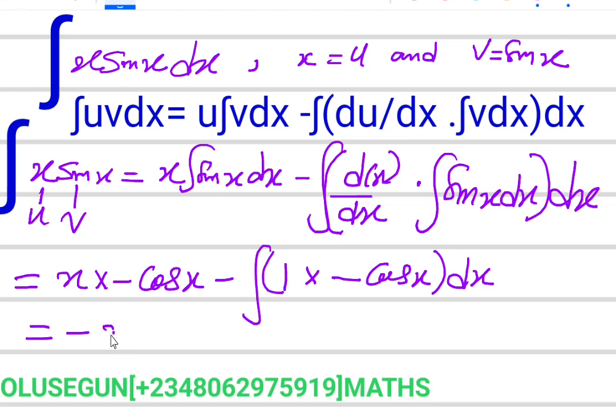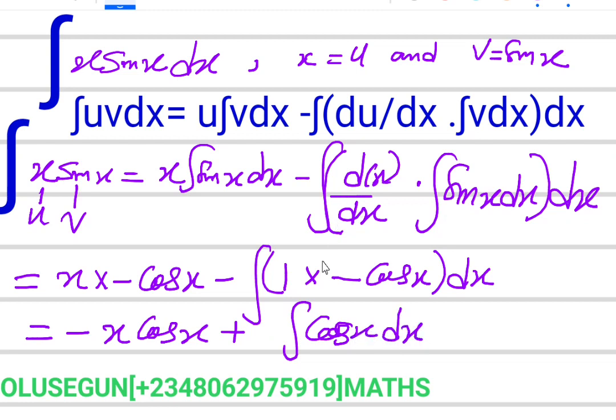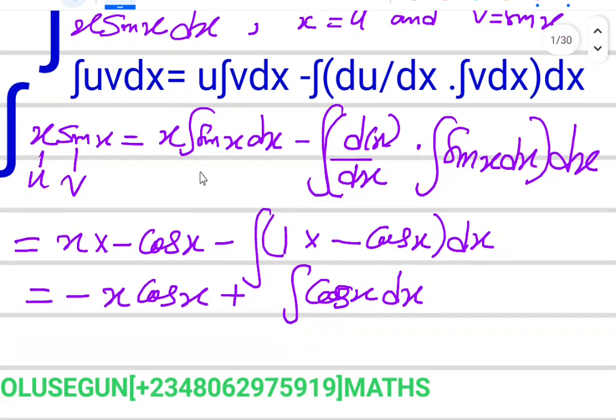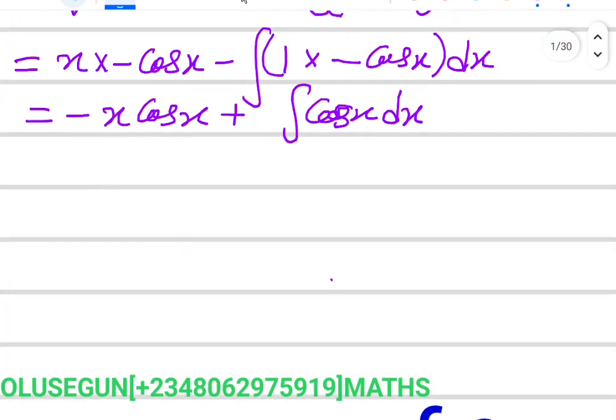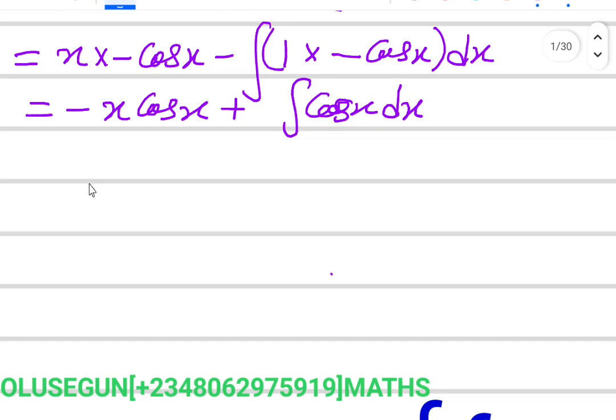So let's write it out to have minus x cos x. Now minus times minus will be plus the integral of cos x dx. Now having this, let's simplify better. So we have minus x cos x.